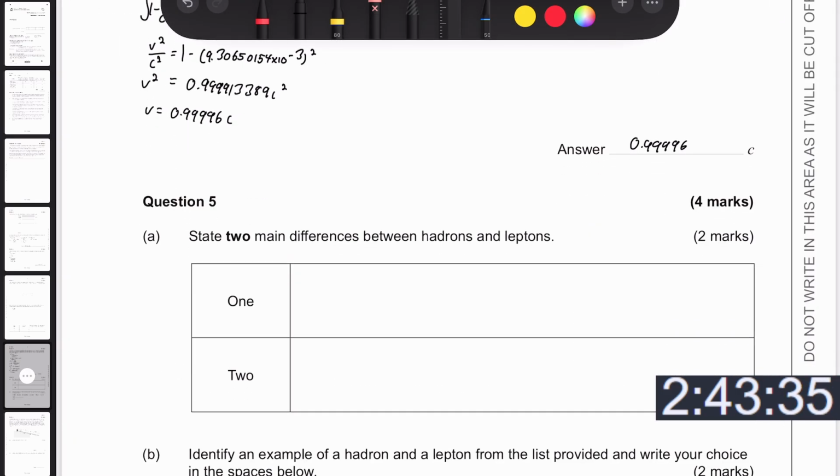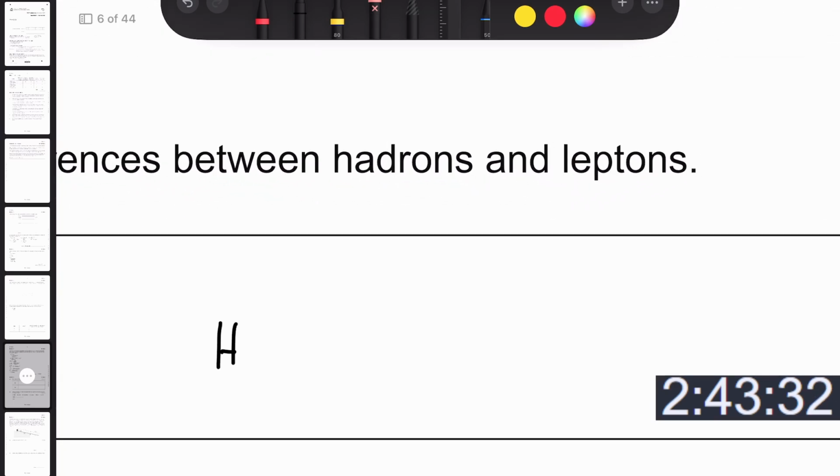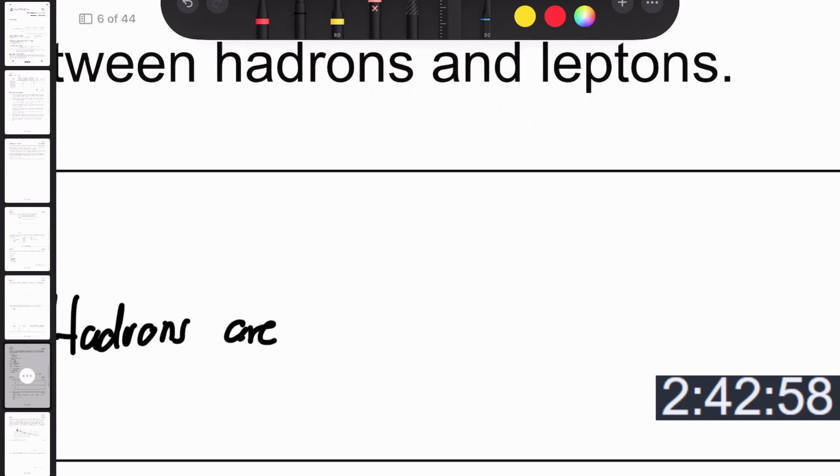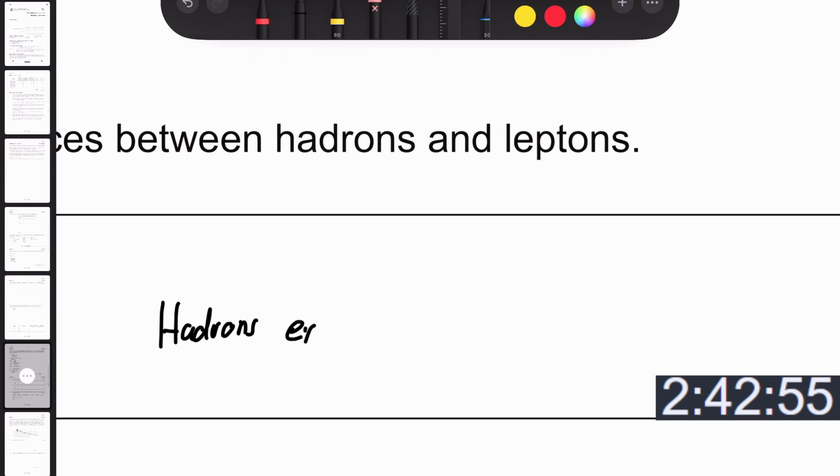State two main differences between hadrons and leptons. Hadrons are made of... don't they experience one of the forces that the other doesn't? I think it's the strong force.